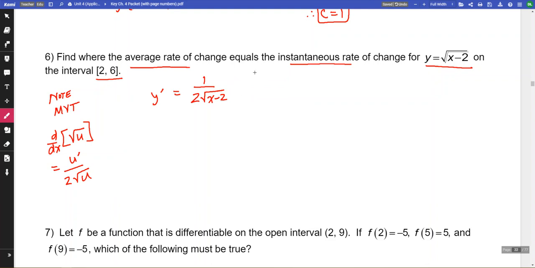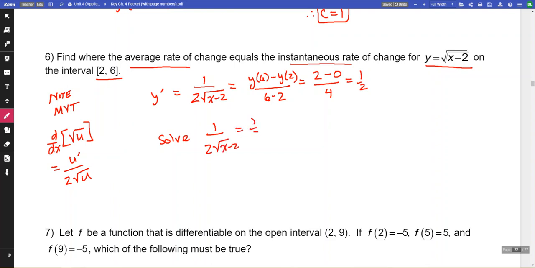And we need to figure out when that is going to equal the average rate of change. So when that's going to equal y of 6 minus y of 2 all over 6 minus 2. Well, y of 6 is the square root of 4, so that's 2. y of 2 is the square root of 0, so that's 0. So then that's going to be 1/2. So we need to solve 1 over 2 square roots of x minus 2 is equal to 1/2.